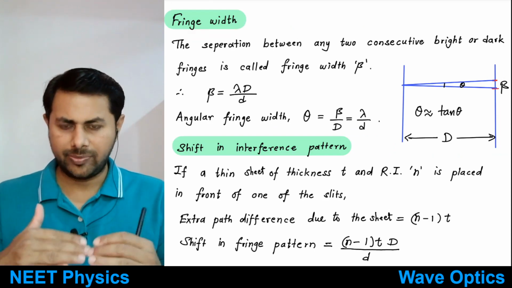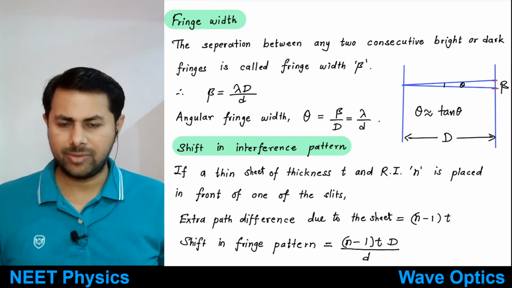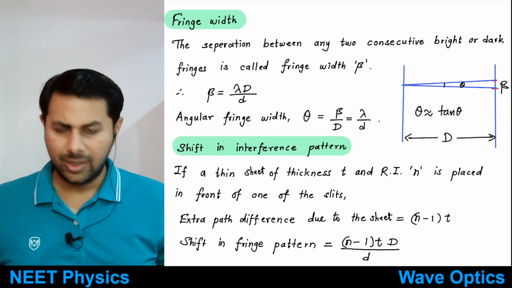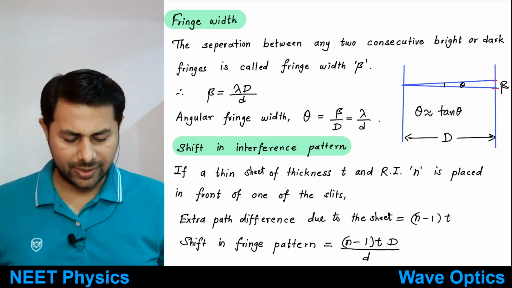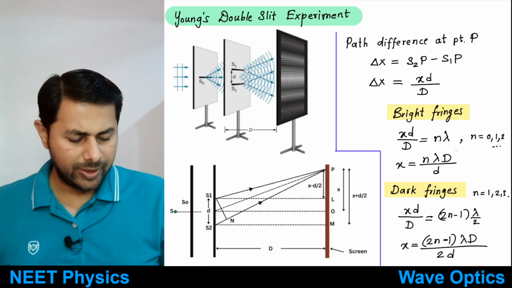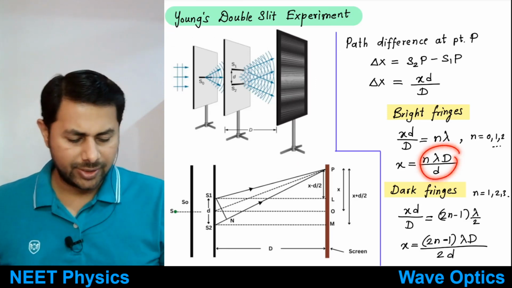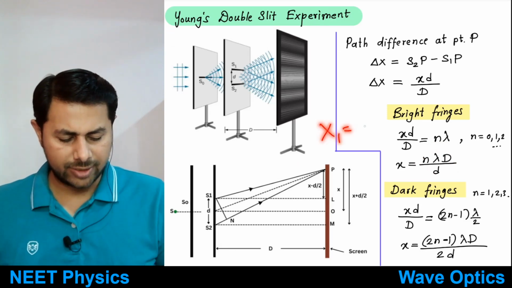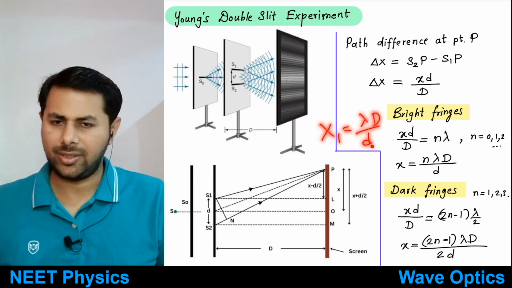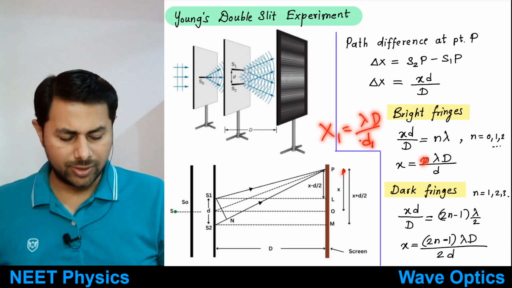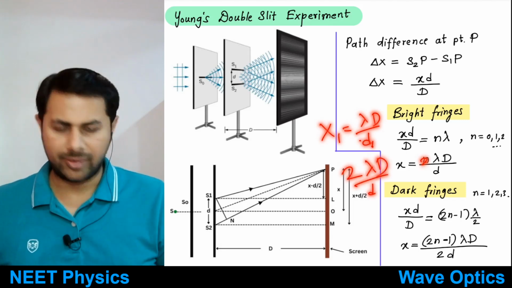What is fringe width? It is the distance between two bright fringes or two dark fringes. You can very easily check what it comes out to be. If you think about bright fringes, the first bright fringe would be formed at x1 equal to lambda capital D by small d. The second one would be formed where n is equal to 2, so it is 2 times lambda capital D by small d.